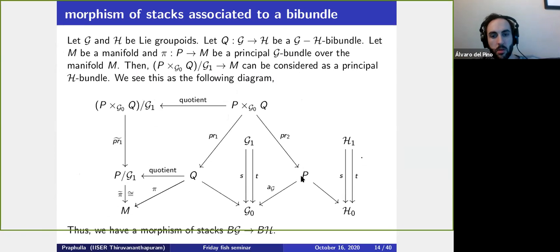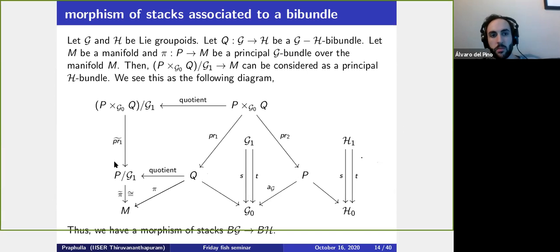This P can be considered as a G-H bibundle. There is an action of G on P and an action of H on P. I'm starting from a principal G bundle. Then I'll associate a principal H bundle that gives Morrison stacks. I'm doing this only for the objects. For morphisms, you can do a similar thing.